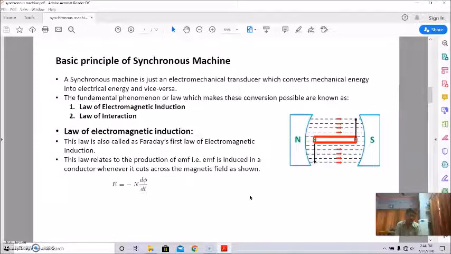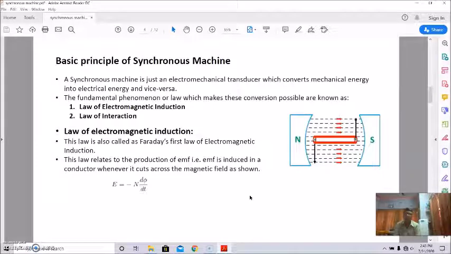In the case of a generator, it converts mechanical energy to electrical energy, and for a motor, it converts electrical energy to mechanical energy.